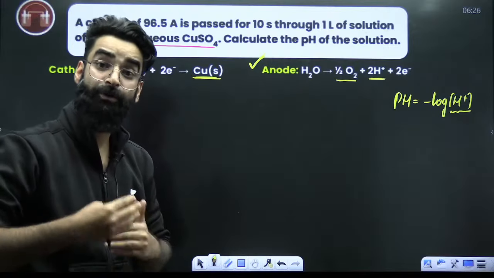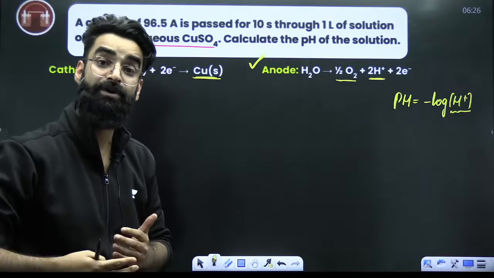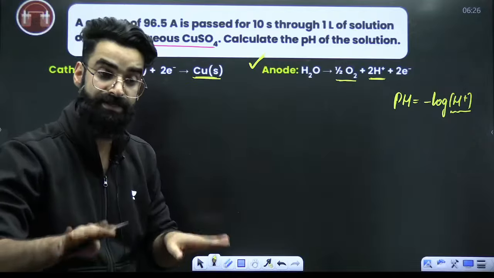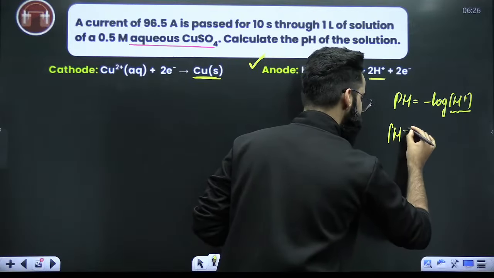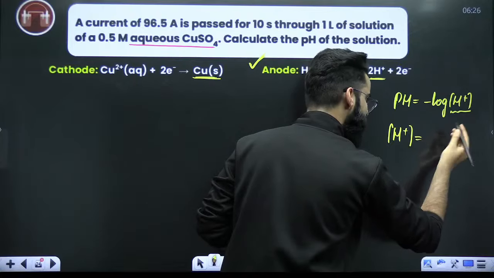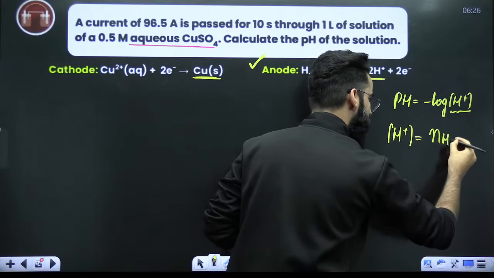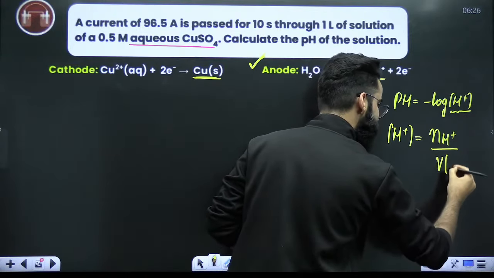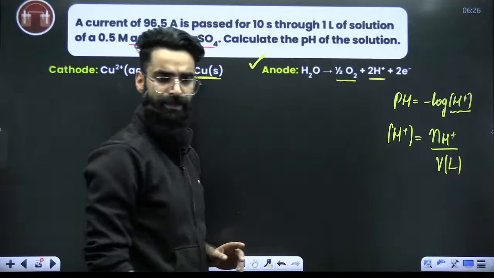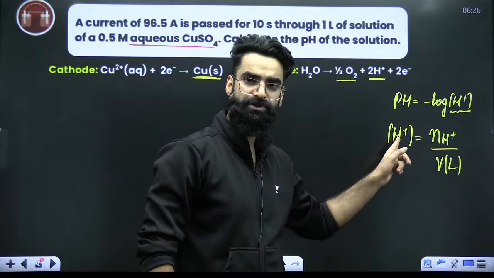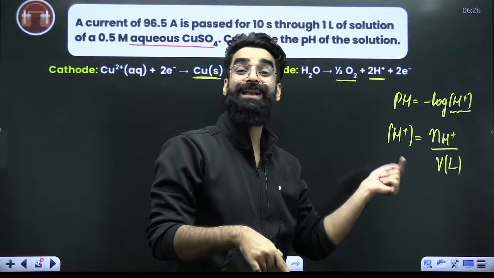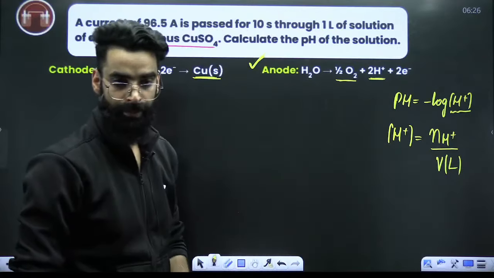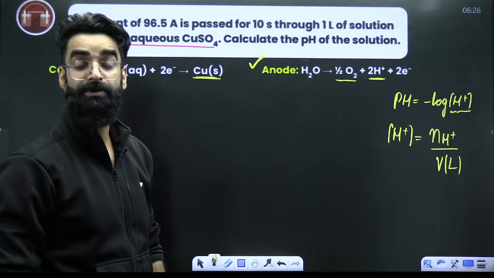Concentration is moles per unit volume, so it is the number of moles of H positive divided by the volume of solution in liters. So I should know the number of moles of H positive liberated into the solution. Now how do I calculate the number of moles of H positive liberated?